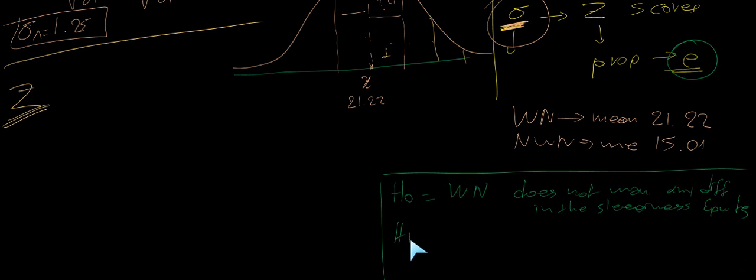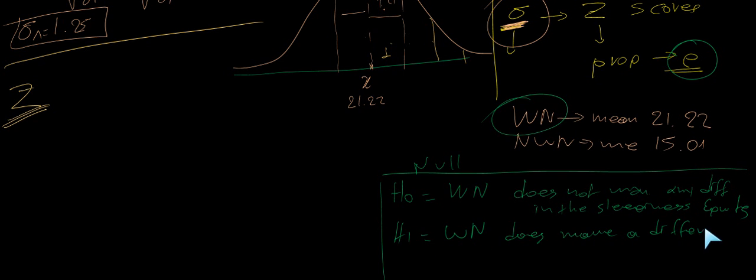And my other hypothesis is that the white noise, remember I'm always working with one, not the other one. Null hypothesis or zero hypothesis means that the white noise does not make any difference, does not have any effect in the sleepiness, whereas the hypothesis 1 is that the white noise does make a difference, does have an impact in these scores.